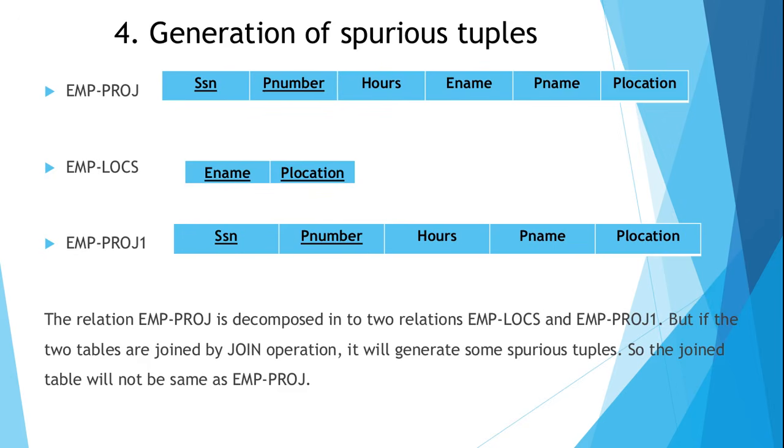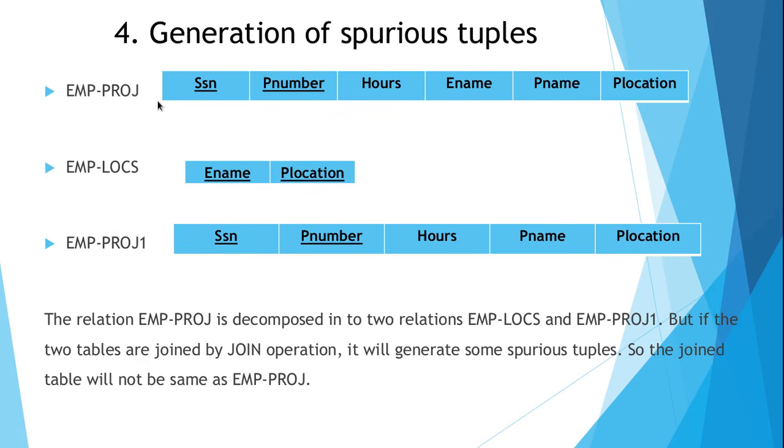So the last point is generation of spurious tuples. We have already studied the concept of spurious tuples. Spurious tuples are generated in a join operation or cross product. Actually, here we will consider three relations. First relation, employee project, which contains these many attributes, then employee location and employee project 1.